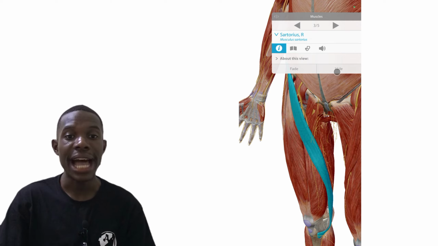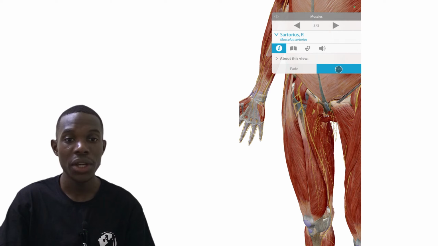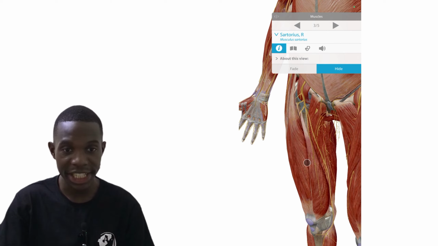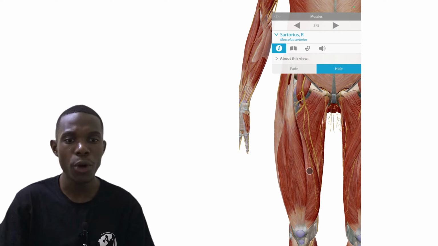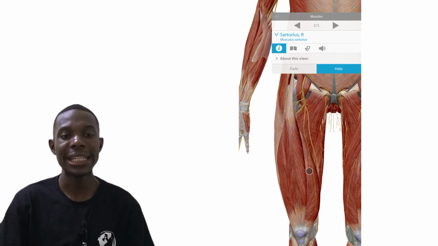Right. So let us hide the sartorius and let us see what is behind it. So behind the sartorius, we have 4 groups of muscle, right?